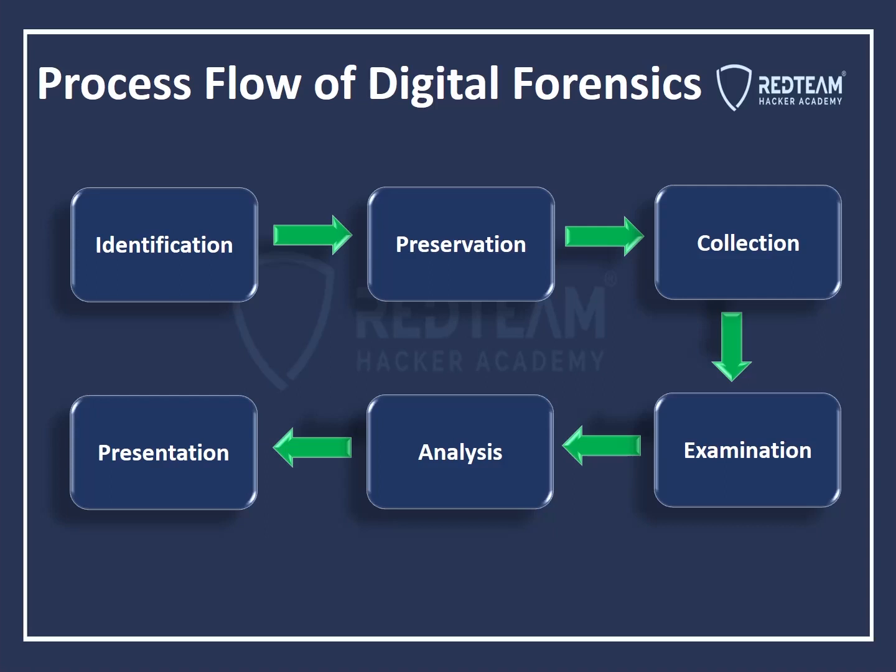Then you collect, taking an image of it, collecting a digital clone. Then you examine, how you will find the details you need, covered in the analysis. And your findings are put into the presentation part. So this is the basic process flow of digital forensics.